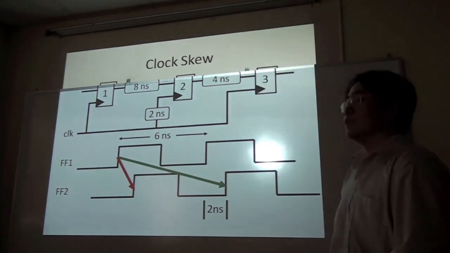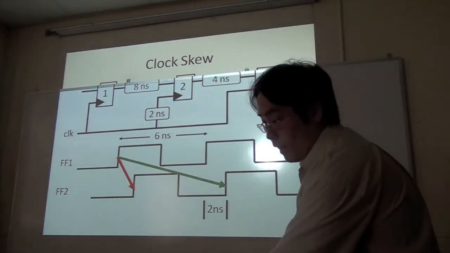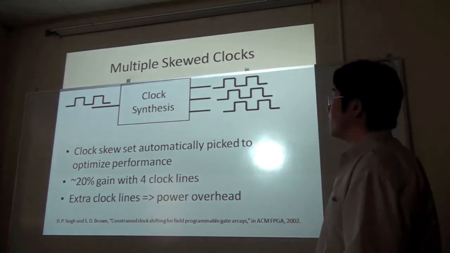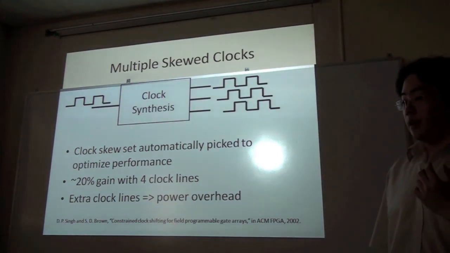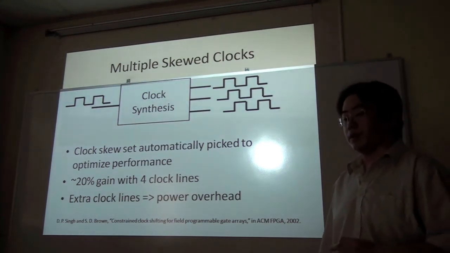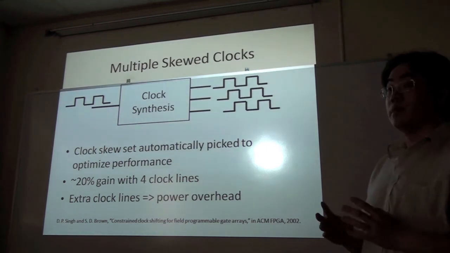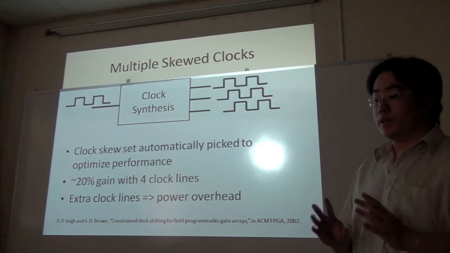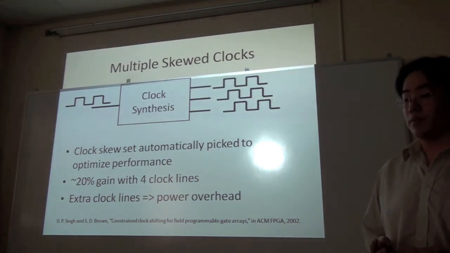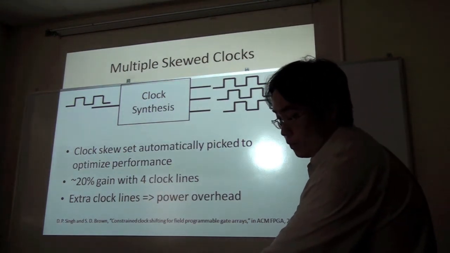So then the question is how can we actually implement these skews? One way that Dr. Singh, here at the University of Toronto, tried was to generate multiple clocks phase shifted from each other and then deliver them across the chip. The skew set was determined automatically for each circuit, and he found that with only 4 clocks, you can achieve 20% improvement in circuit speed. However, these extra clock lines have a power overhead associated with them.